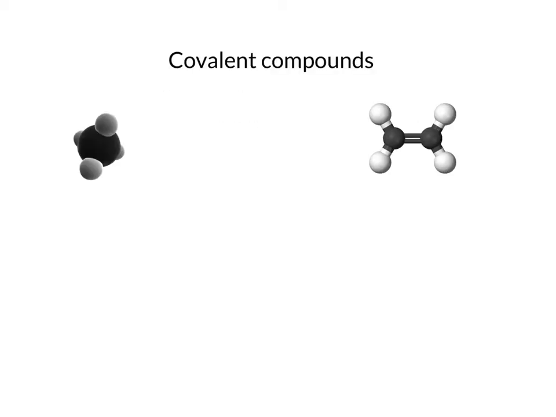Let's start by looking at the two covalent compounds depicted here that are made from carbon and hydrogens. The first compound can be symbolized as CH4, and the second compound can be symbolized as C2H4.